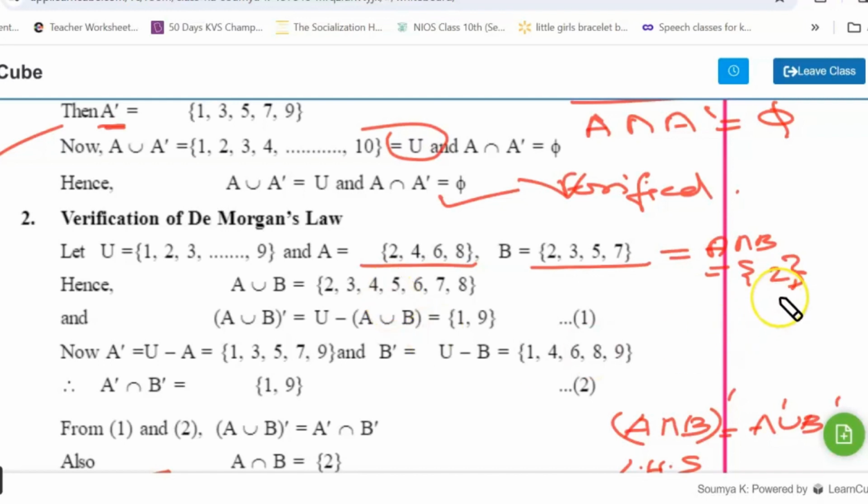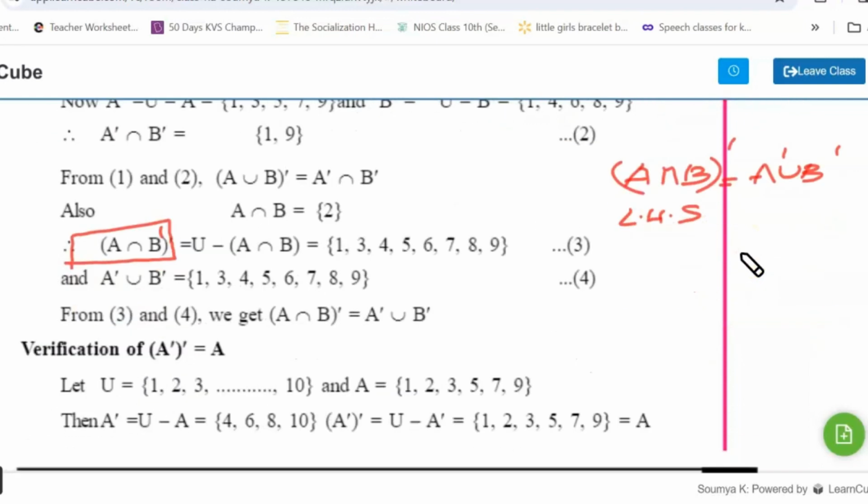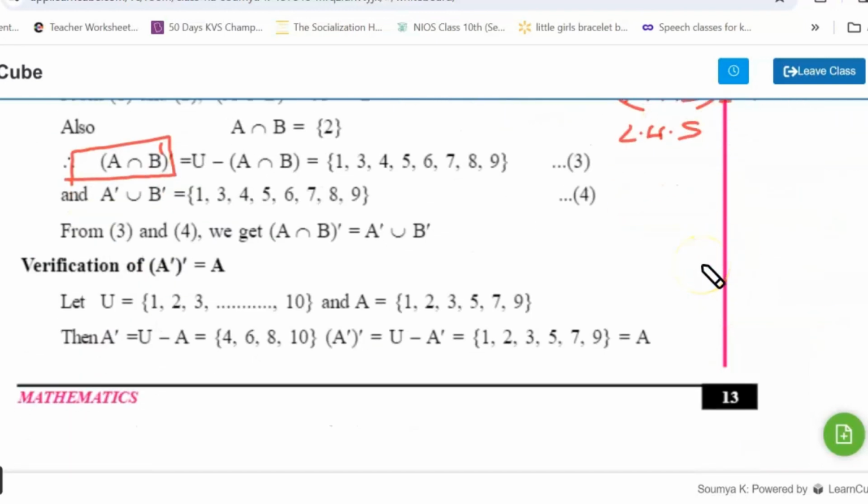And the complement of that will be everything except the 2. Everything in the set except 2. 2 is not here. So this is A intersection B complement.